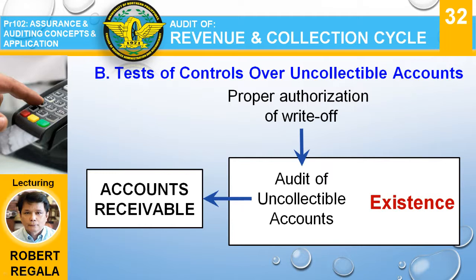This is because of the possibility of the client covering up a defalcation by charging off accounts receivable that have already been collected. The major control for preventing this type of misstatement is proper authorization of the write-off of uncollectible accounts by a designated level of management only after a thorough investigation of the reason the customer has not paid.